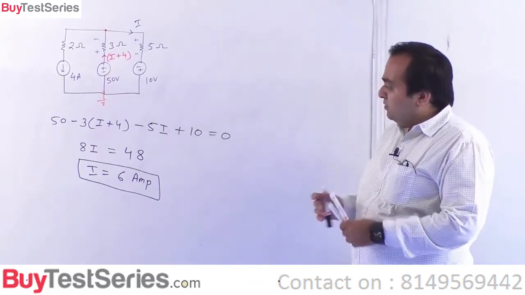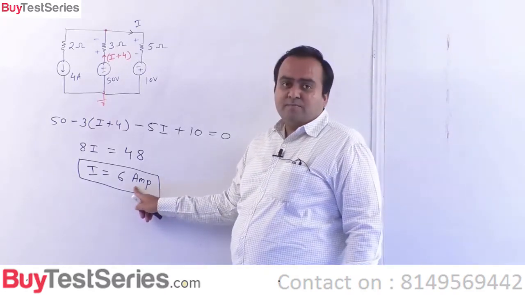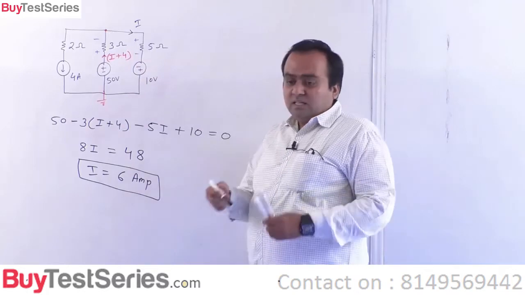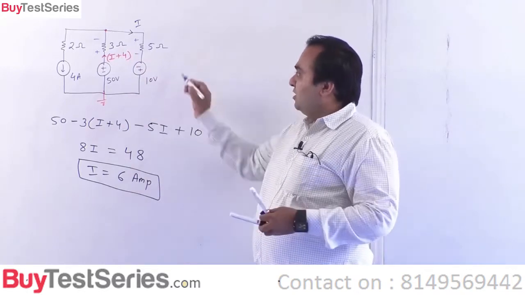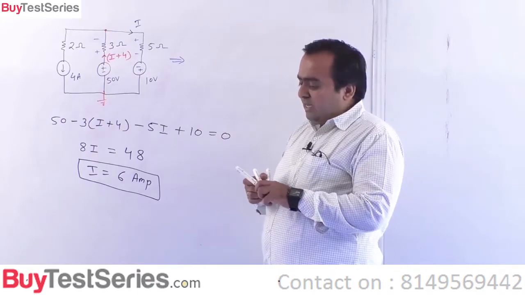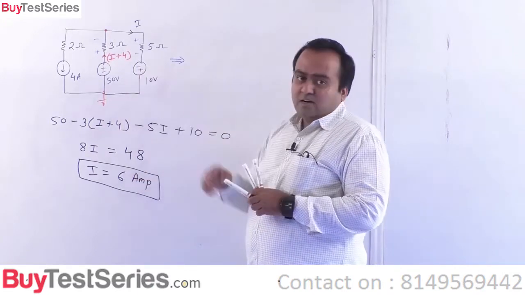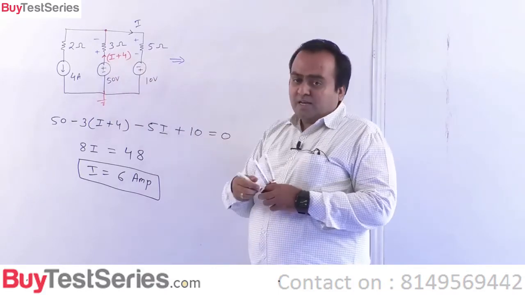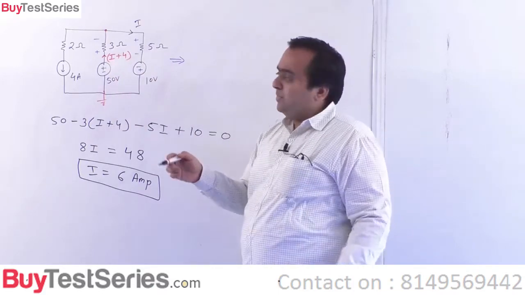Is this okay? Now if I is equal to 6 amperes, I can substitute this I back in the circuit and let me redraw the circuit. I am putting I equal to 6 now. So when I is 6, 6 plus 4 becomes what? It becomes 10 amperes.